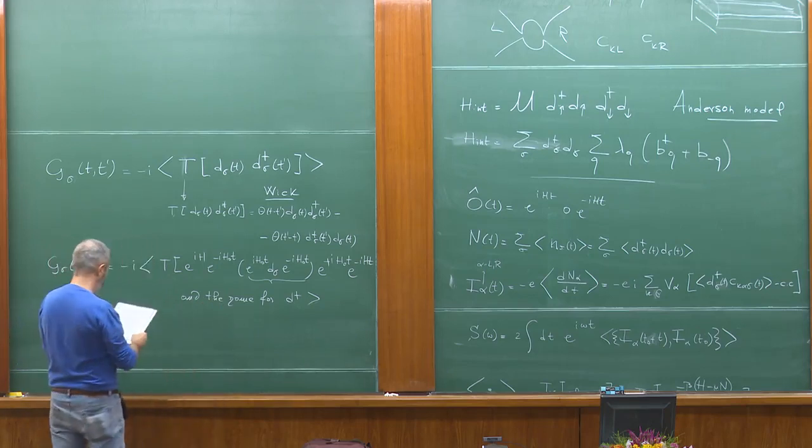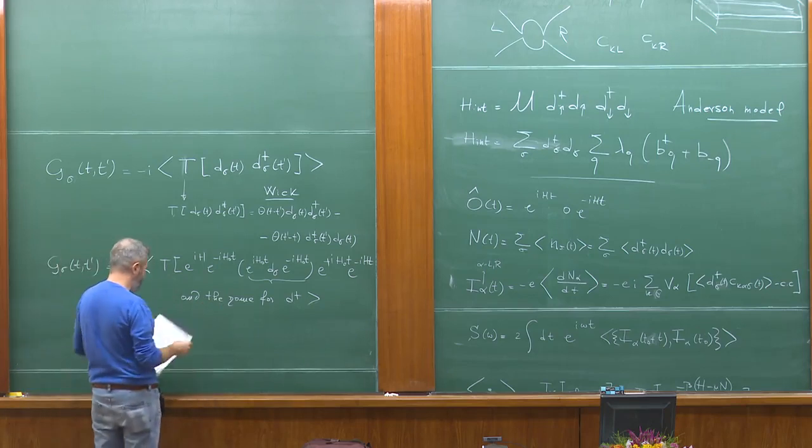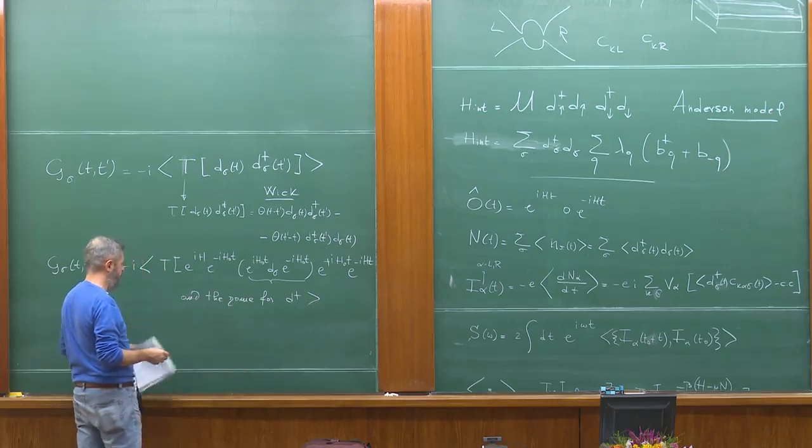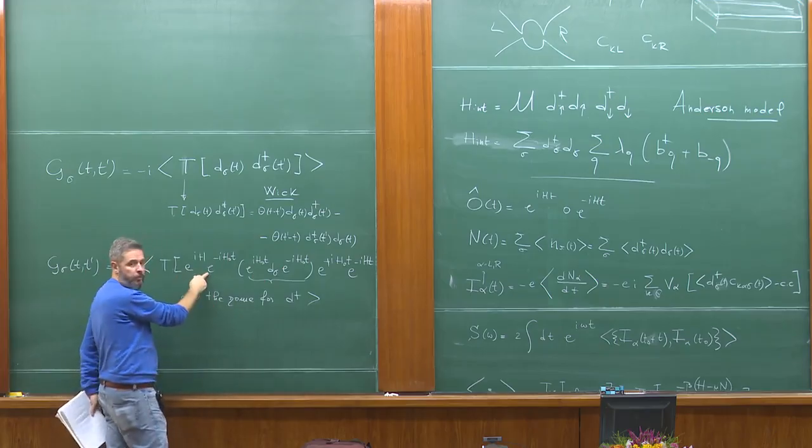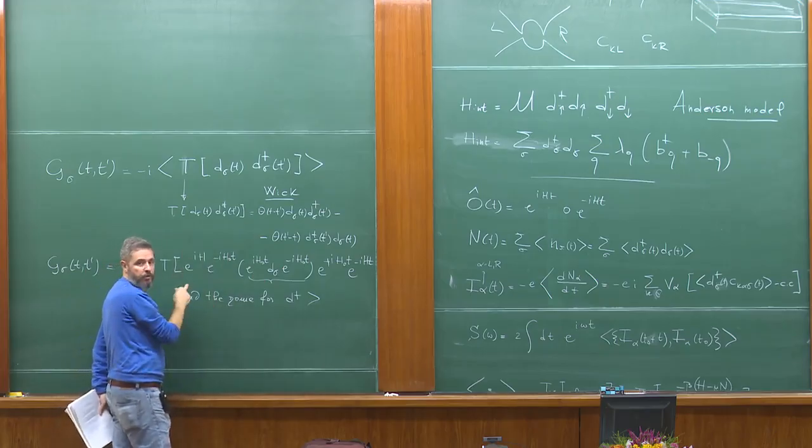Right, so now we go to the interaction representation. The operators are evolving with H naught. The states are evolving with the time-ordered exponential.